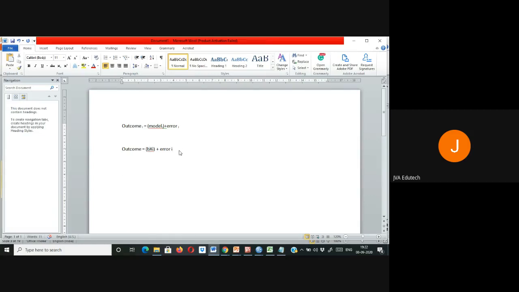Now, if we want to work on an unstandardized model, the outcome will become b0 plus b1 x i plus error, which you can denote by e.